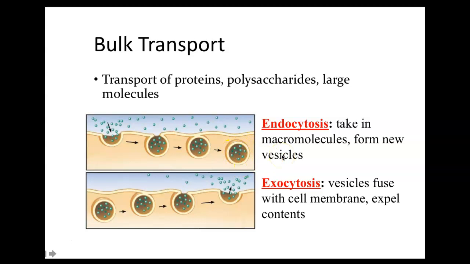So this is actually how a virus would get into your cell. This would be receptor-mediated endocytosis, where the virus is going to have a protein. I'm going to talk to you all about coronavirus tomorrow and the actual protein that it has on its surface that matches the receptors of some of the human cells.